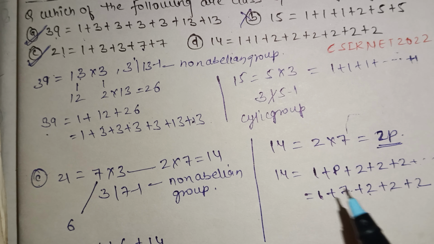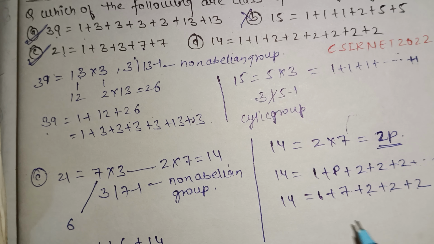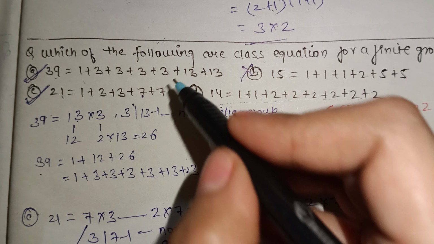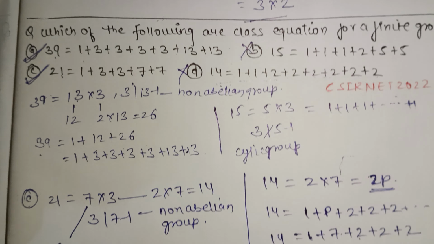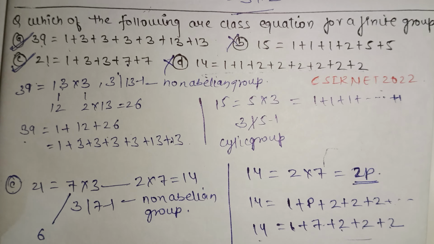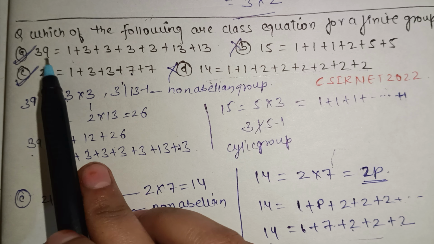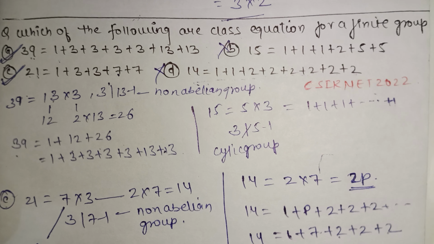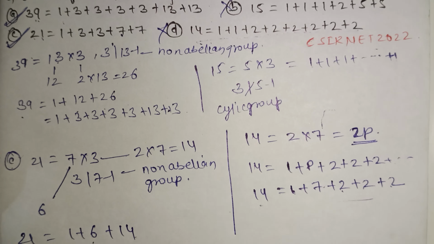This is the class equation of 14. And this does not match the given one, so this option is wrong. So this is the solution. Our right options are option A and option C. So this is the whole solution.